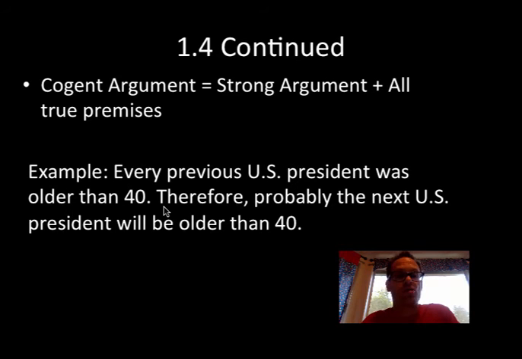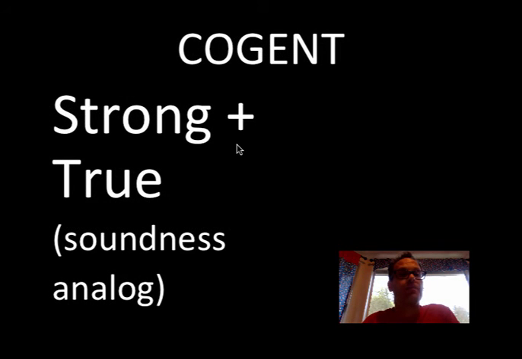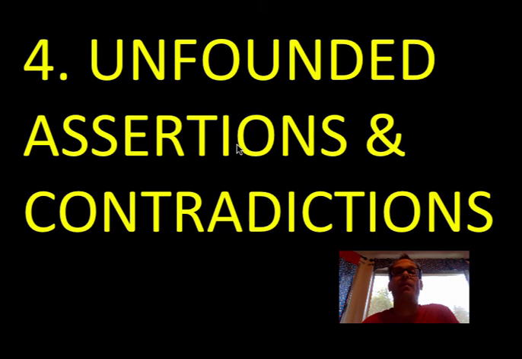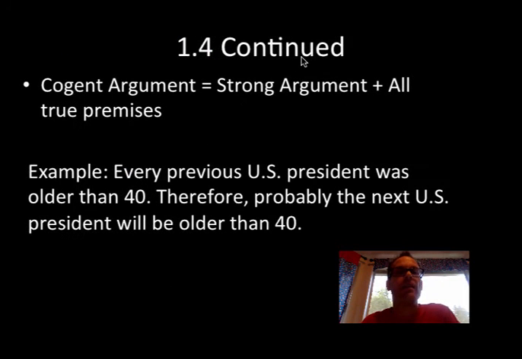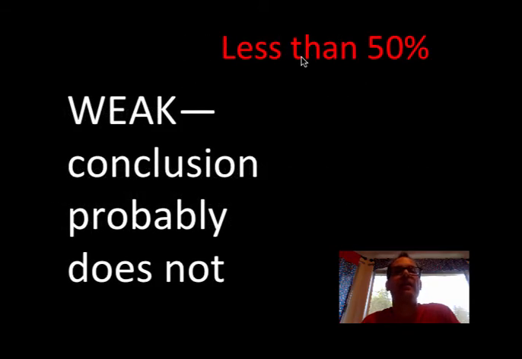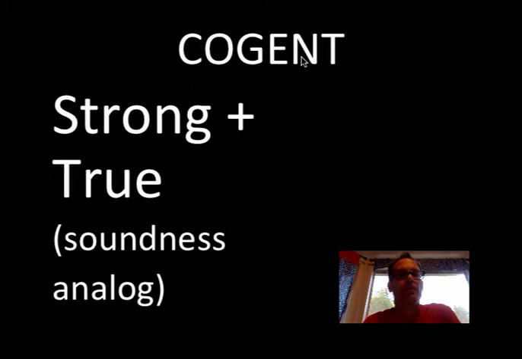So this is a strong argument, and it's also containing true premises. Okay, so there's just a wrap up of cogency. Okay, now we're going to move to the final. By the way, don't anticipate being tested real heavily on strength and weakness and cogency. Just a tip.